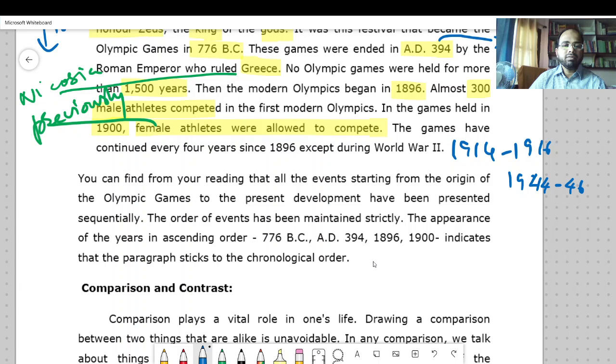So you can find from your reading that from the origin of the Olympic Games to present development has been presented sequentially. The order of the events, how it happened, has been maintained strictly. It started from 776 BC.